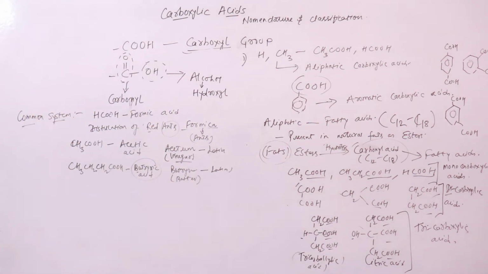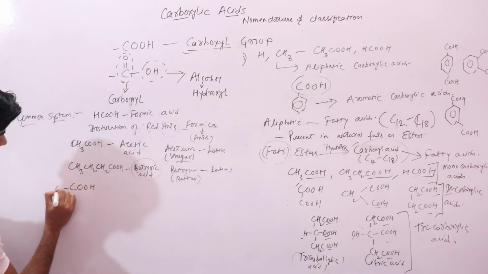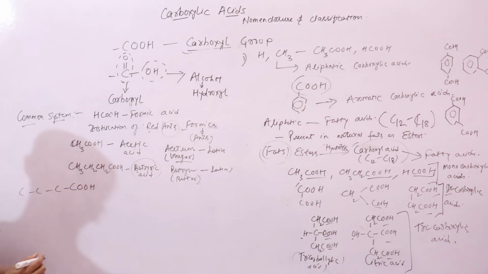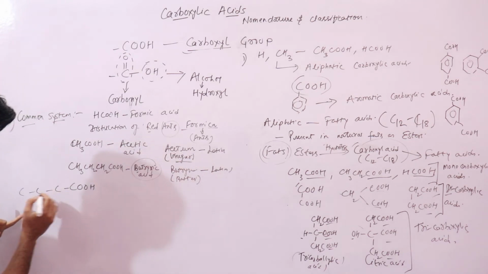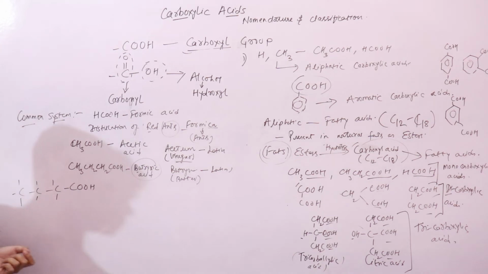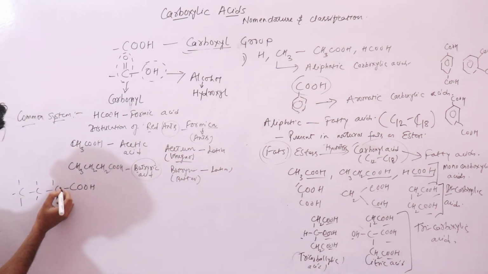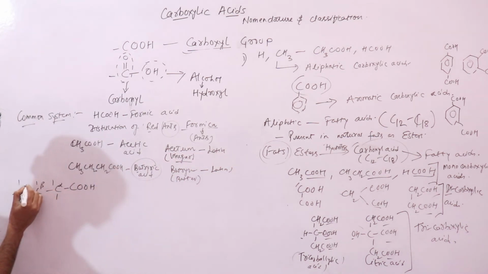Now, in the common system, the position of substituents which would be present on the chain is indicated by Greek letters. Suppose you have some acid, say the COOH, it has a carbon chain, right? So in the common system, you may have substituents on these carbon atoms. These carbon atoms are designated alpha, beta and gamma.